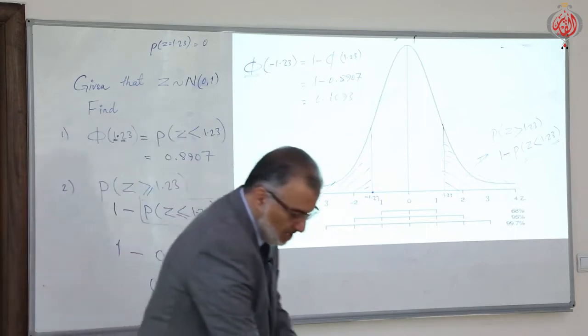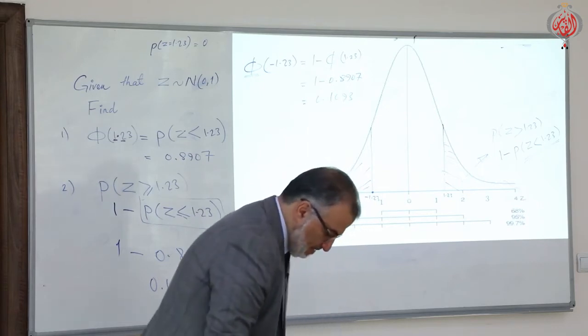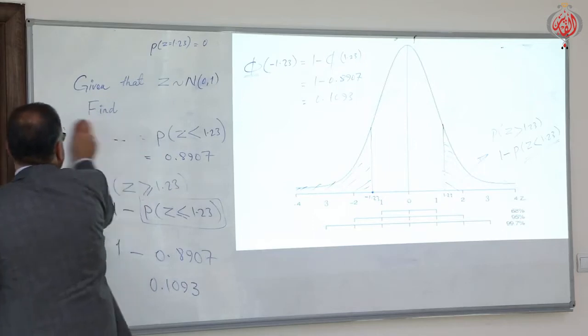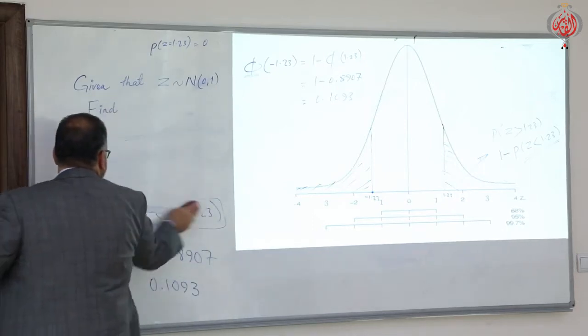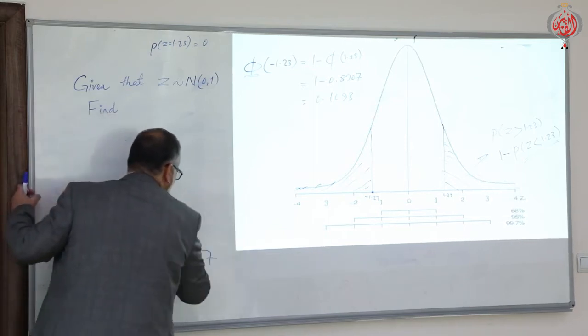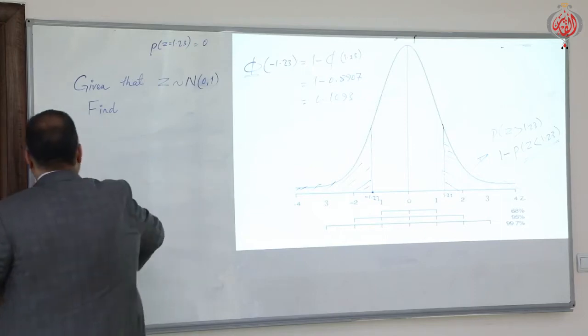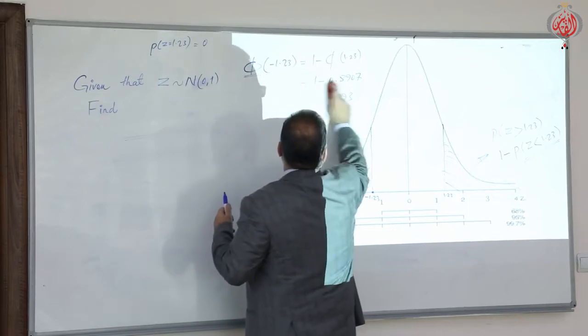Okay, let's take more examples. On the same question here, now what about if we have an interval bounded by two values of Z?